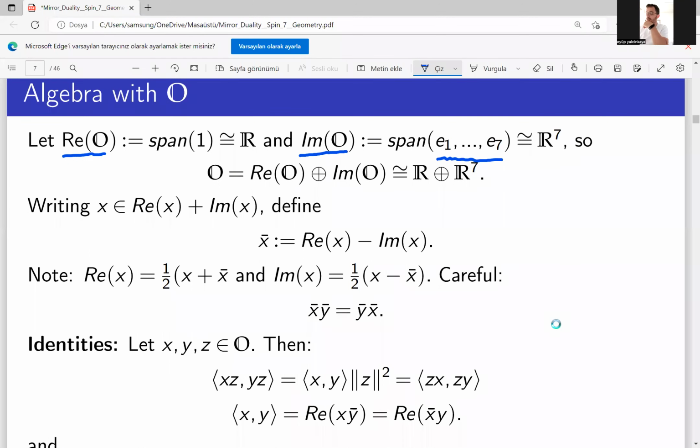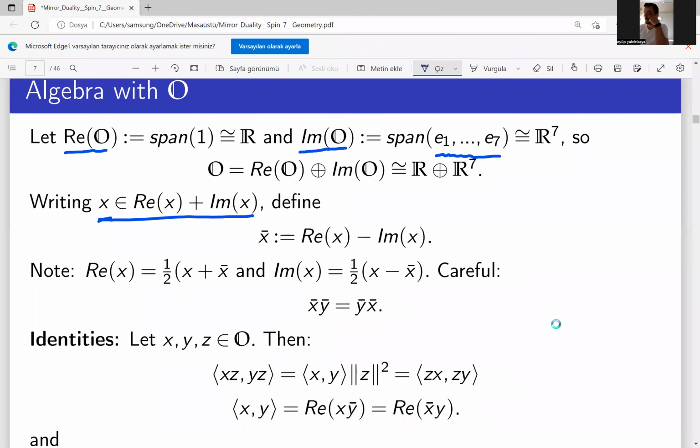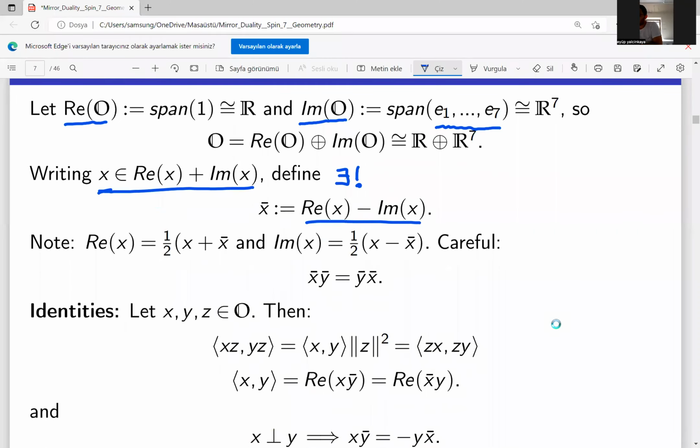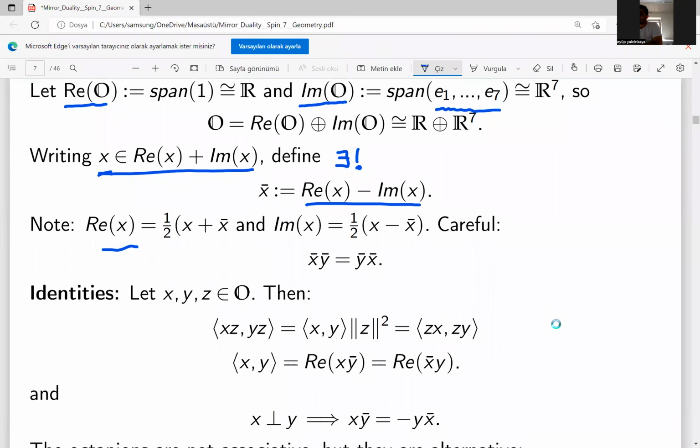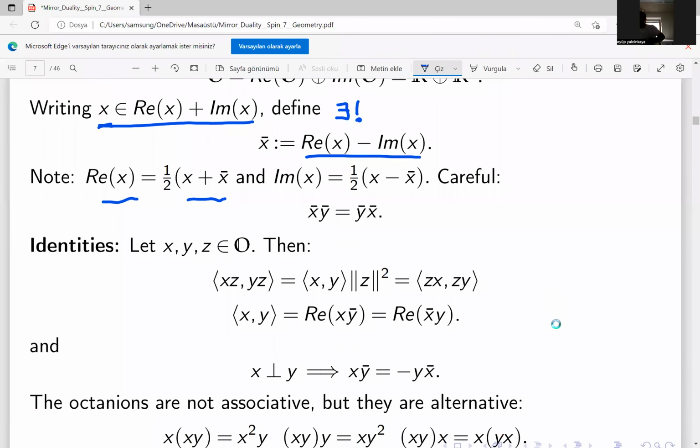Each element of the octonions can be decomposed into two pieces, real part and imaginary part, and yesterday we showed that it's unique. The conjugation is the real part minus the imaginary part, so the real part can be constructed as x plus x bar, and the imaginary part as x minus x bar.